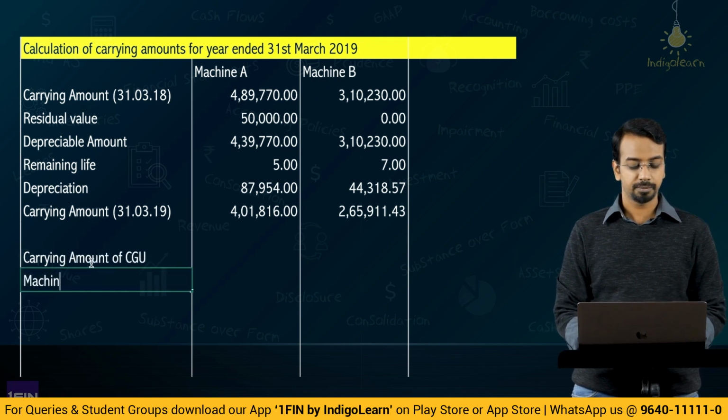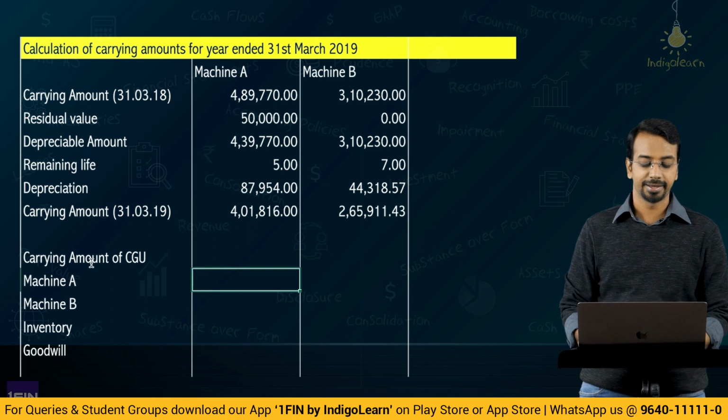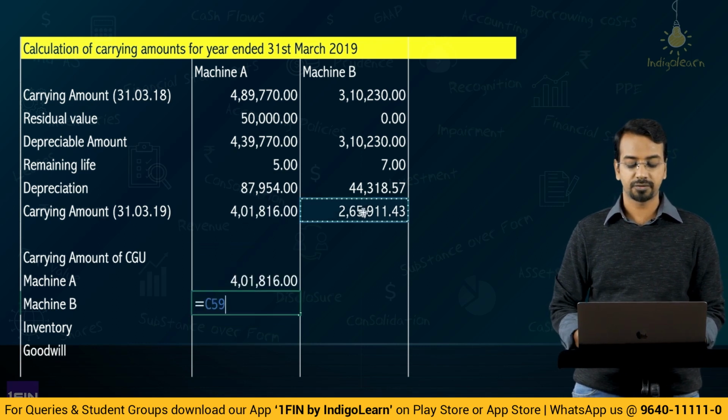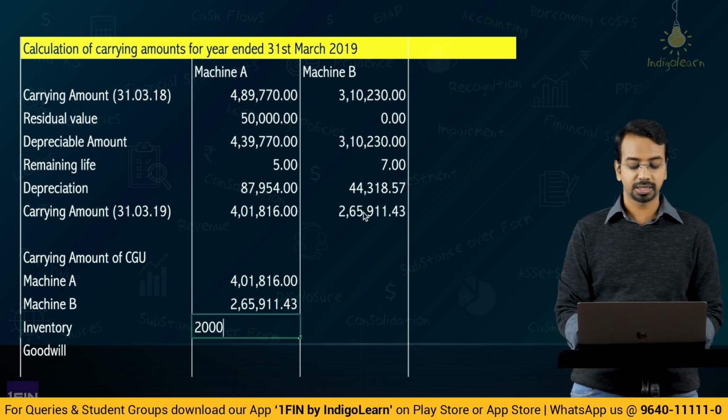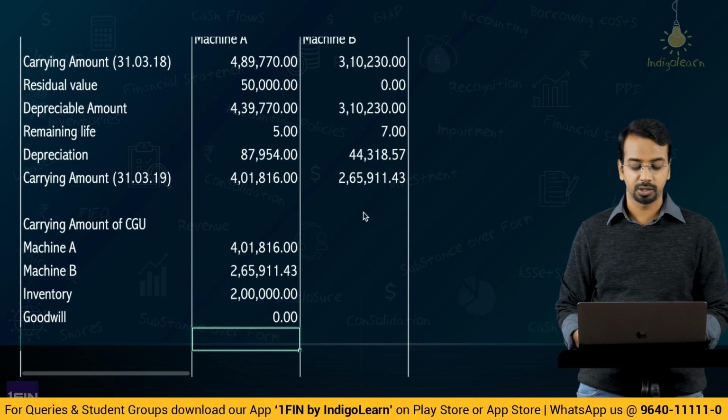You have to take machine A, you have to take machine B, and you have to take inventory. Goodwill will anyways be 0, right? So for machine A, 4,01,816, for machine B 265,911, inventory, assuming the same inventory is being carried out, we don't know whether it has been sold or not, and goodwill is 0. Okay.